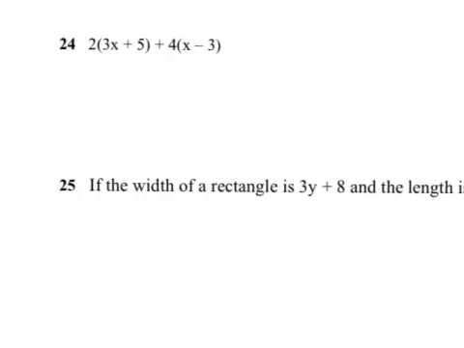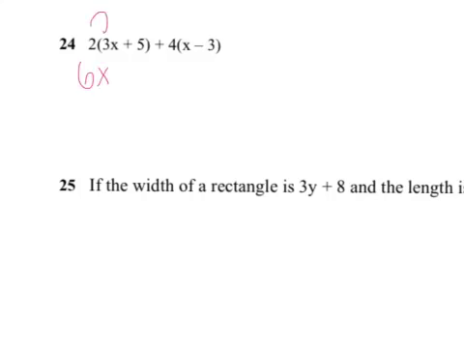Okay, number 24, we look for distribution first, and I see that I actually have 2 times that I need to distribute. So I need to distribute this 2 to each term inside of that first set of parentheses, and I need to take this positive 4 and distribute it to each of the terms inside of that set of parentheses. So we'll always start with the first one, left to right. I'm going to take this 2 and distribute it to the 3x.